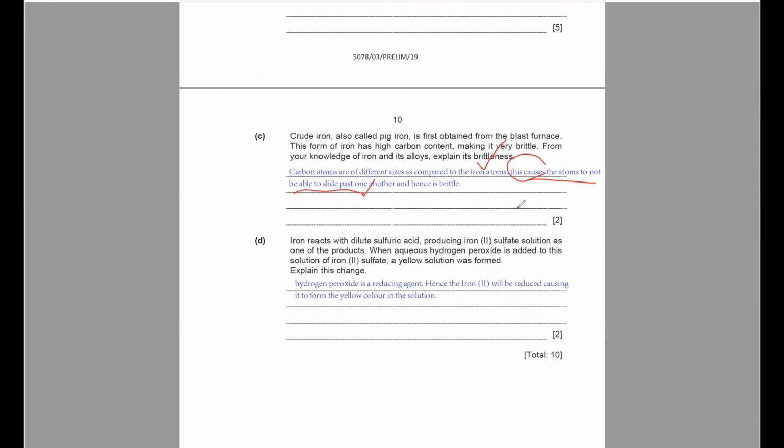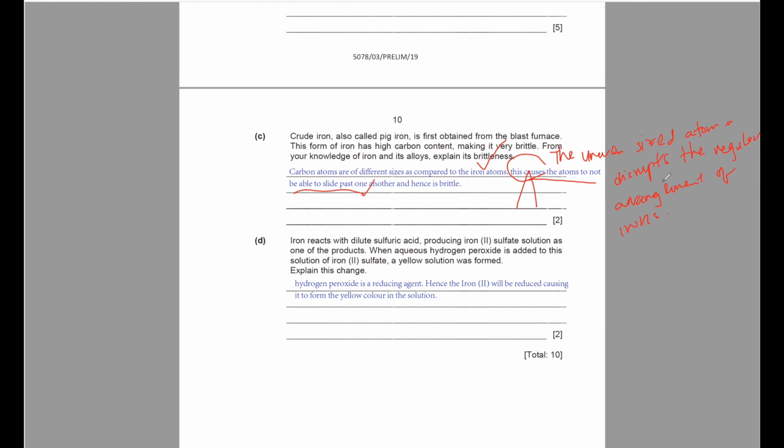But in front here, you should say that the uneven size of atoms disrupts the regular arrangement of iron atoms. So this causes the atoms to not be able to slide past each other easily. Therefore, it's brittle. So you need to add this line.